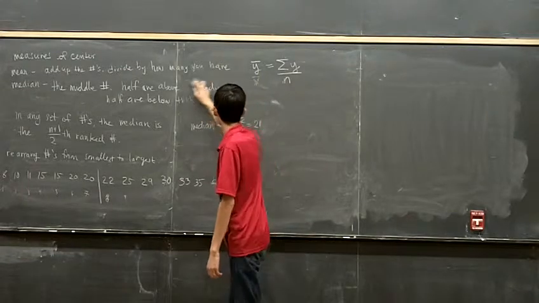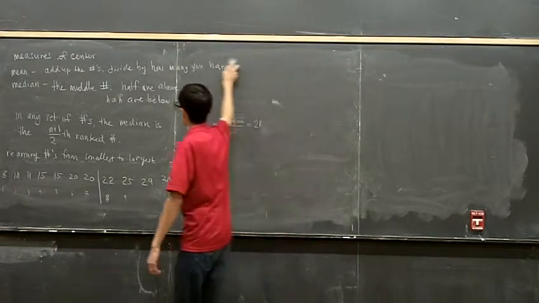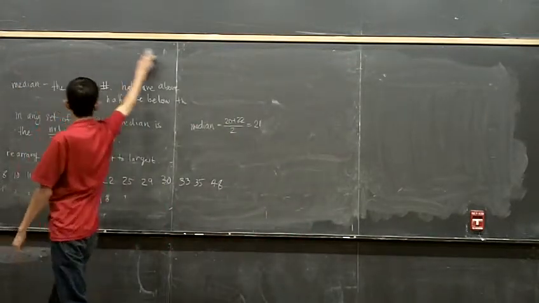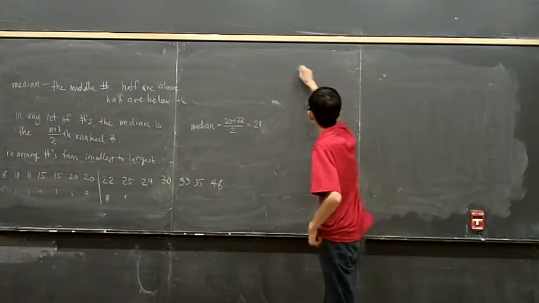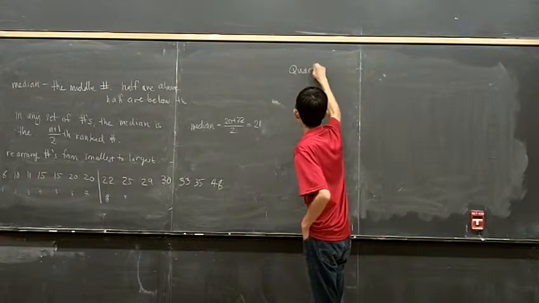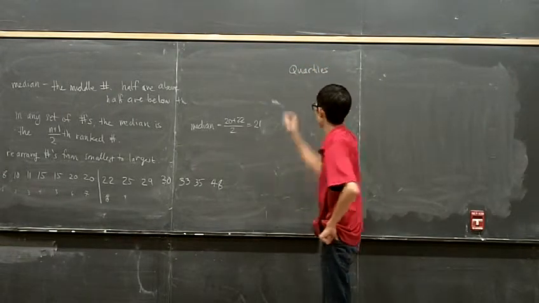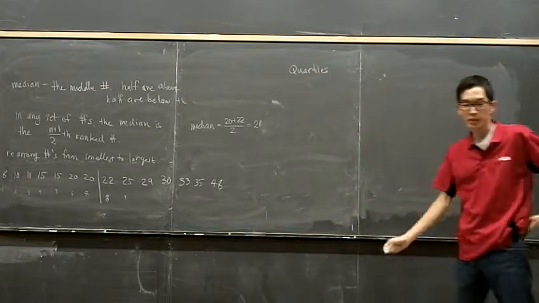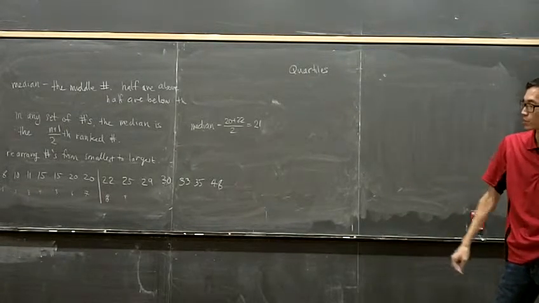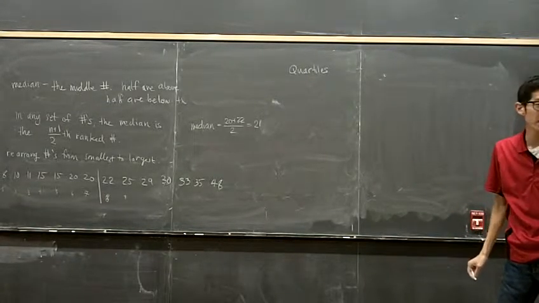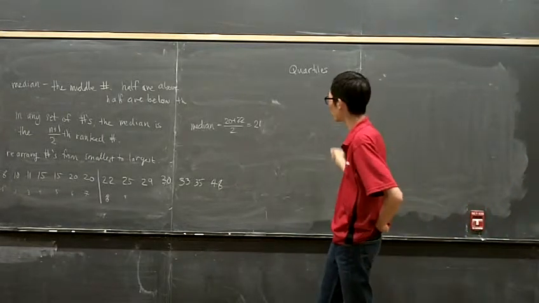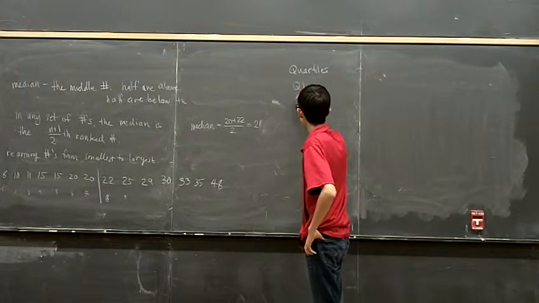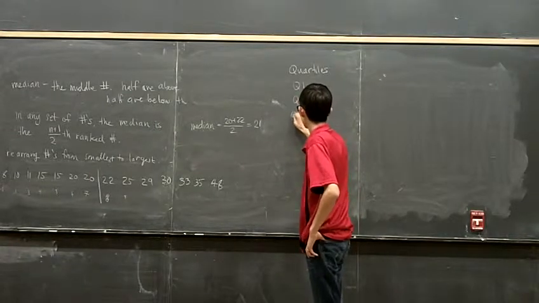We also have numbers called quartiles. So the median splits our list into half, and the quartiles will split the list into basically quarters. So we've got Q1, Q2, and Q3.